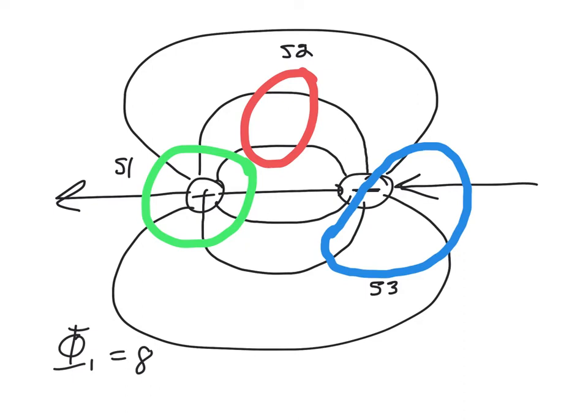I'm counting field lines. It's proportional to the flux, right? The flux through surface 2, there are 2 field lines going in and 2 field lines coming out. So the net flux through surface 2 is 0, and there's no charge inside. Now I've drawn the blue, surface area 3, so that it splits the charge in half.